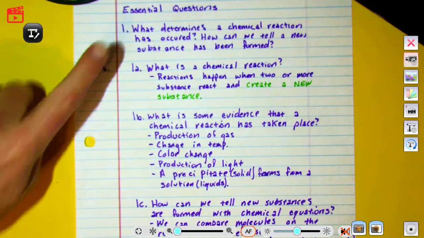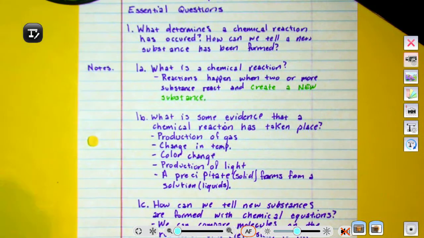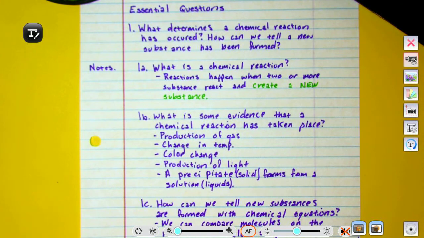This is just the first one, and this is the answer. The next one is a little bit longer, and we have to work out some problems. All right, so I'm going to go ahead and end this one, but you're not done. You still have your second essential question that you need to answer. So go click on that link and keep on working. Hope this helps.